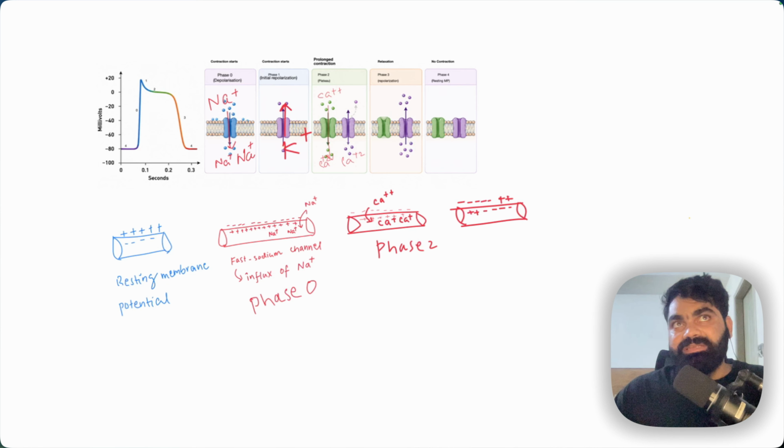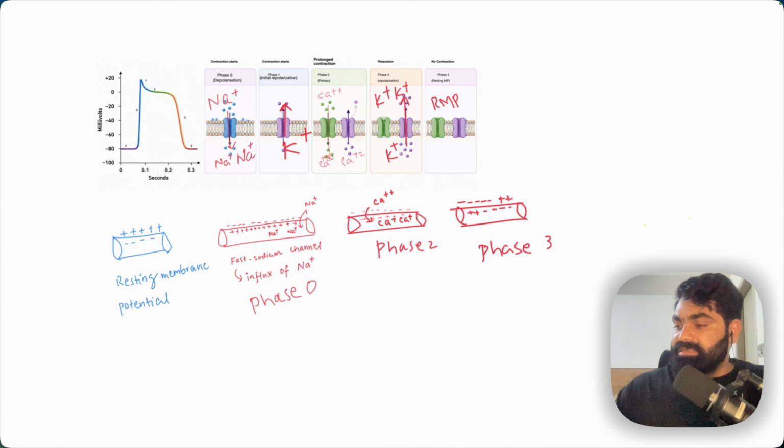The next stage is the repolarization state, where a lot of potassium goes outside the cell, and this helps return the cell back to its initial polarity. This is phase 3, and then we have reached the resting membrane potential, RMP.